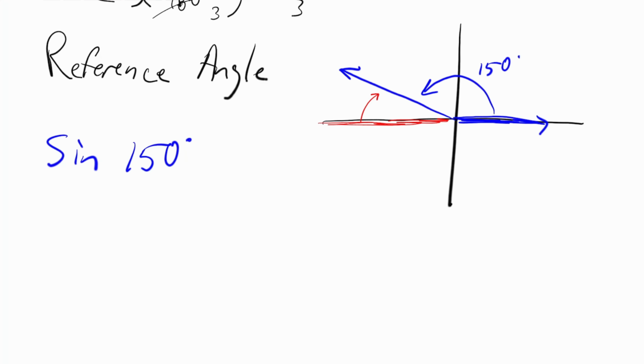How many degrees is that? Wouldn't you agree that this whole thing right here is 180 degrees? Yeah, I would agree with that. So from 180, we want to know the degree measurement of this angle right here, from the x-axis up to that line.